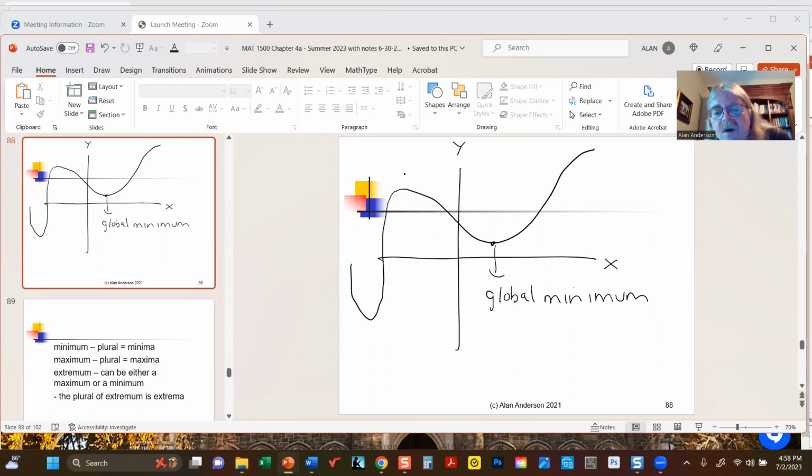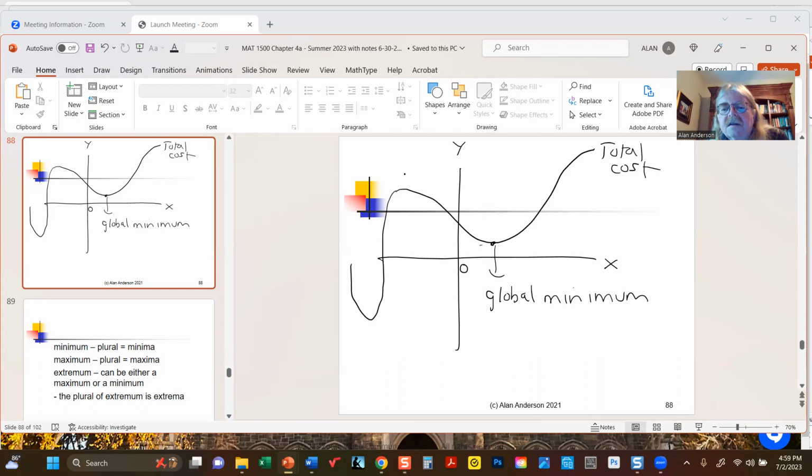Even though there are parts of this function, like over here, that are smaller than this, we're only concerned with values from 0 up to infinity, because this is some application, like maybe a cost function in economics, where you cannot have a negative number of units of the good that we're producing. So from 0 up to infinity, this is the smallest value that we're going to find.